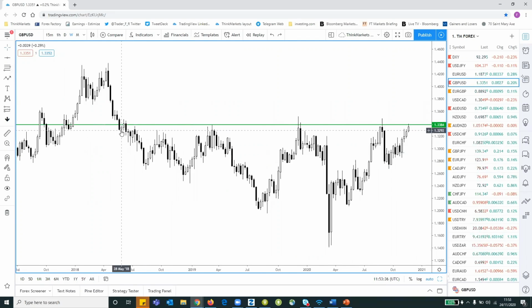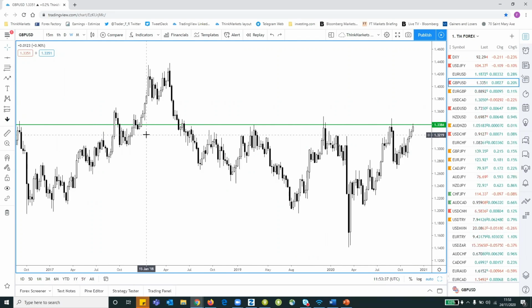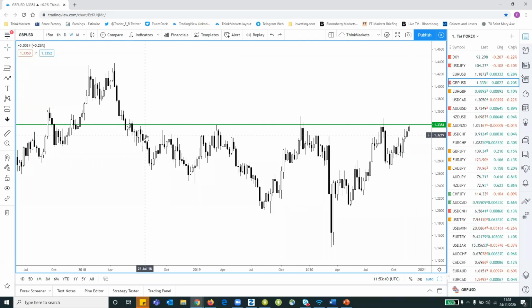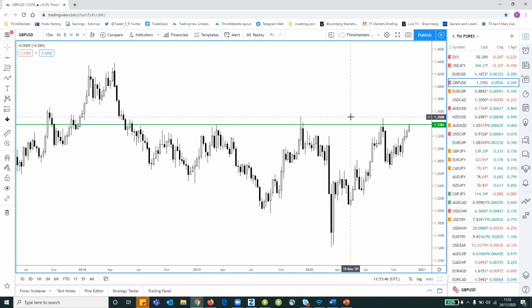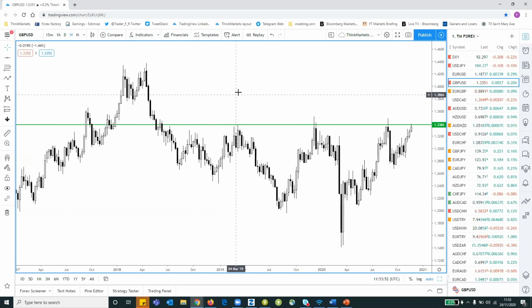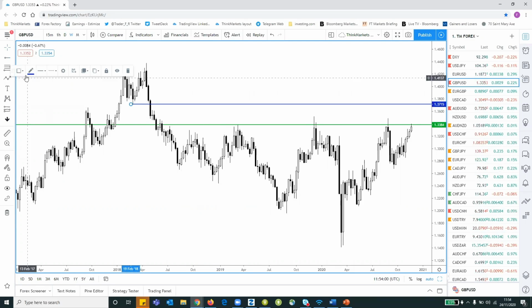And there should be quite a fight to hold stops above, or assuming those are knocked out, we could see quite the short squeeze and subsequent rally in the British pound.